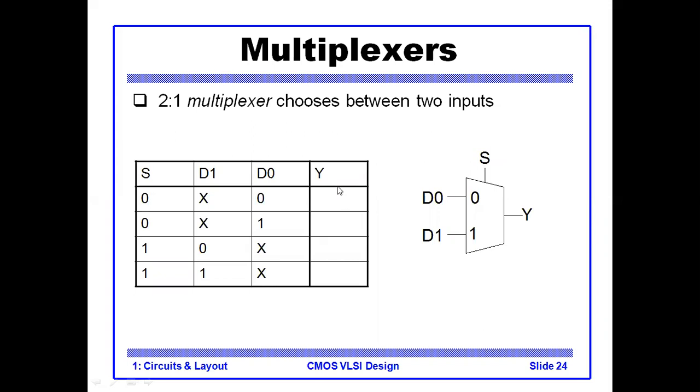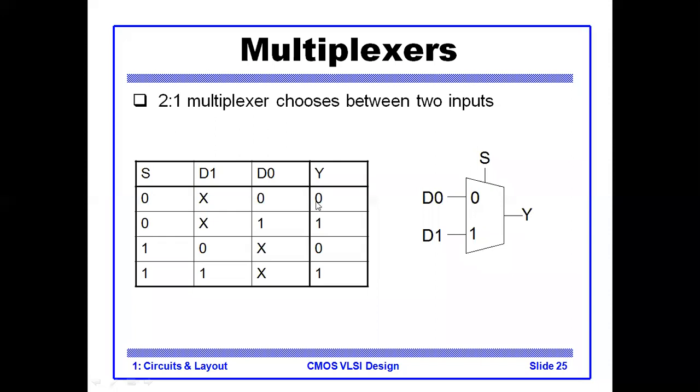The output appears across Y, either D0 or D1. The content of D0 may be 0 or 1, and the same in D1. But the selection of D0 or D1 depends on the selection line, whether 0 or 1 is applied on the signal. I have shown it in the table: when 0 is applied on the select signal, it will select D0.